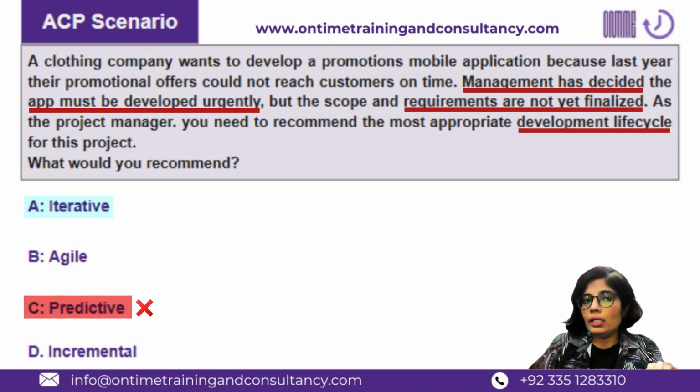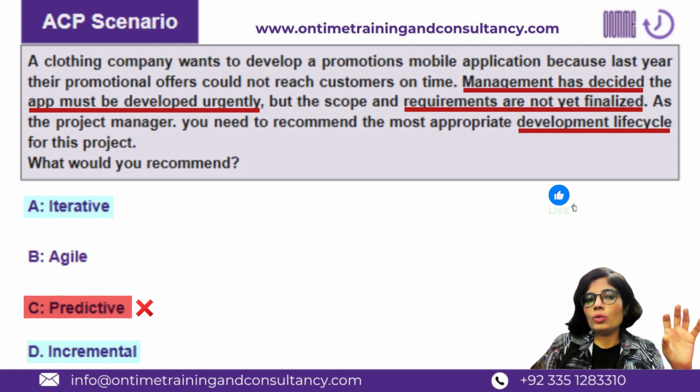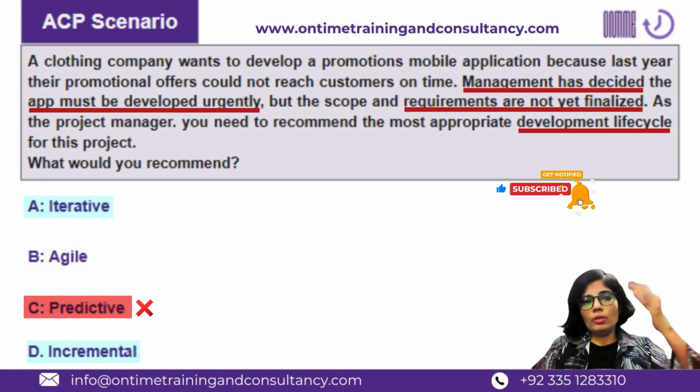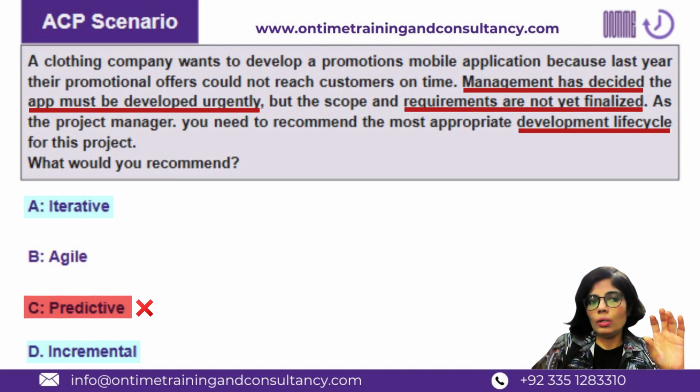Between A and D, iterative and incremental, as we know from our Agile understanding, Agile is a very good mix of iterative and incremental life cycle. We all know this. Iterative means you keep doing something in the iterative life cycle until a finished product is with you.